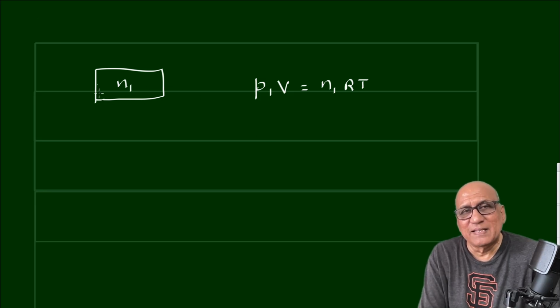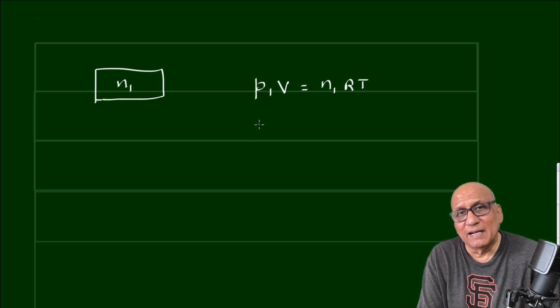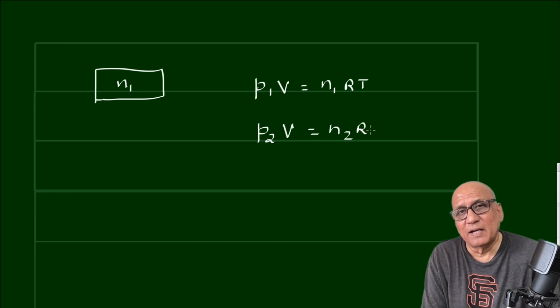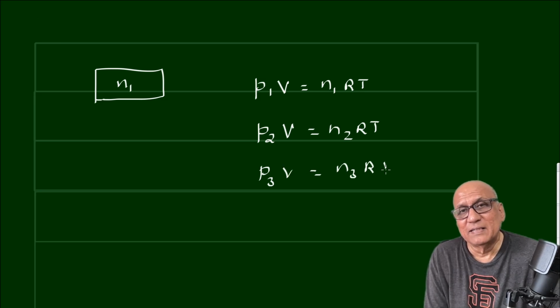Now if I replace this gas by n2 moles of the second gas, that will exert a pressure P2, and that will satisfy P2V equals n2RT. And if I replace it by the third gas, that's going to satisfy P3V equals n3RT.